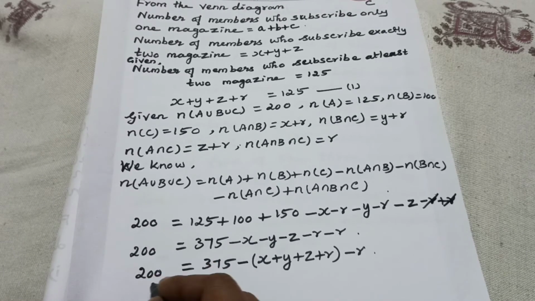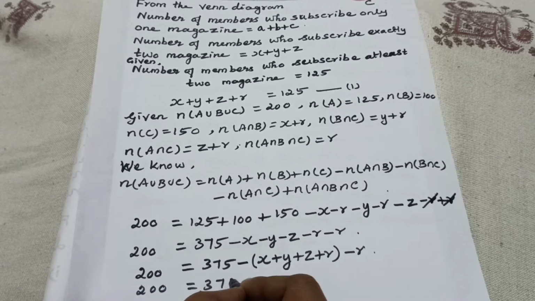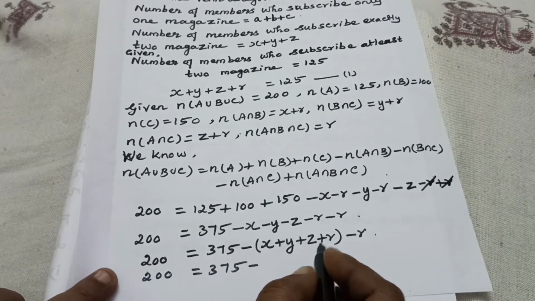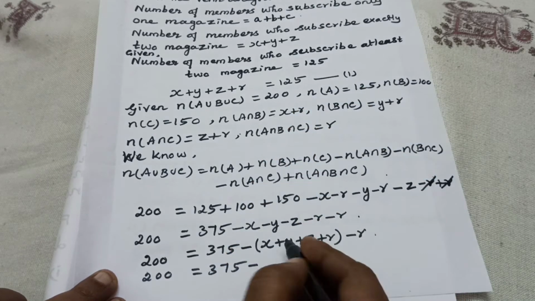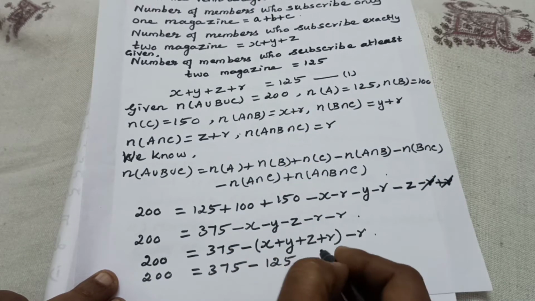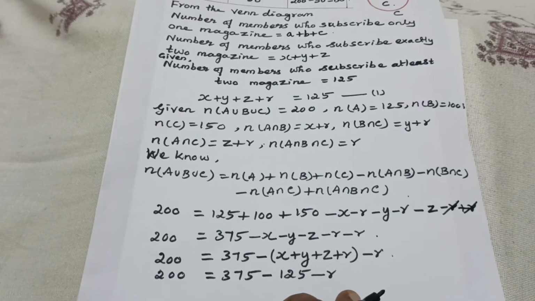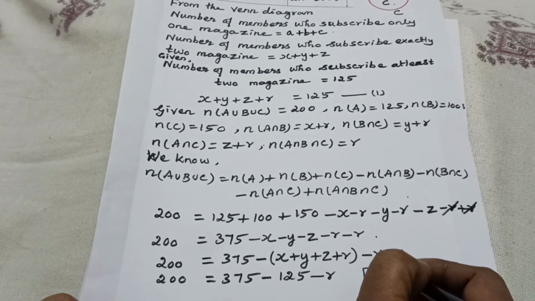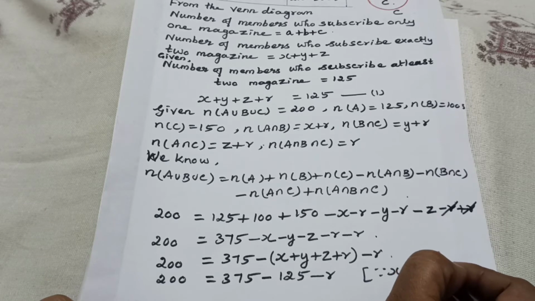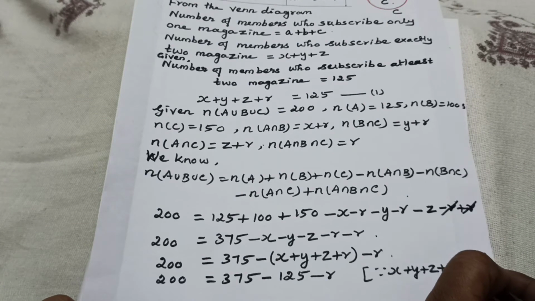Then 200 is equal to 375 minus, already from 1 we can write what? 125 we can substitute here, minus R. Have you understood this term? X plus Y plus Z plus R is equal to, here what is given? 125.